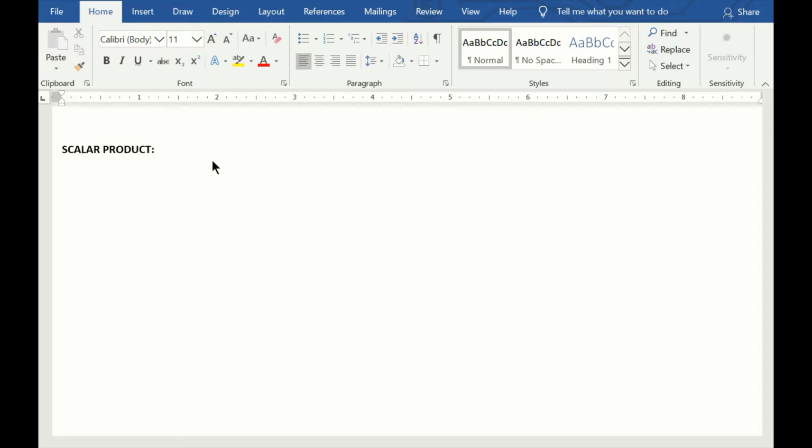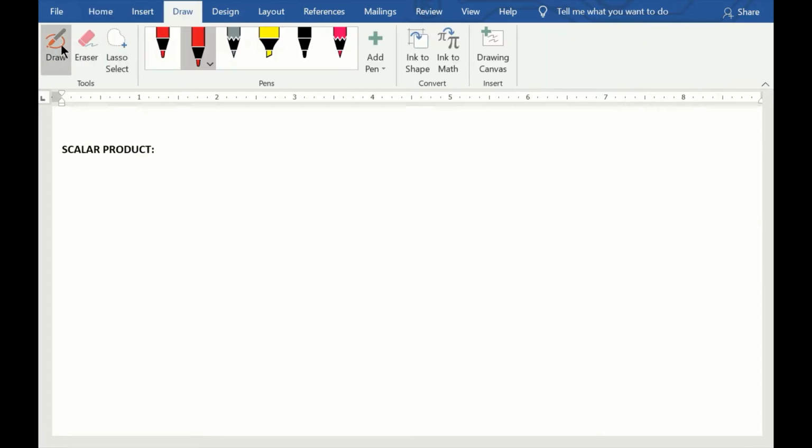Now we have a formula for a scalar product. For example, if I'm given two vectors, vector A and vector B, how do I find the scalar product of these? In math, it is called the dot product.